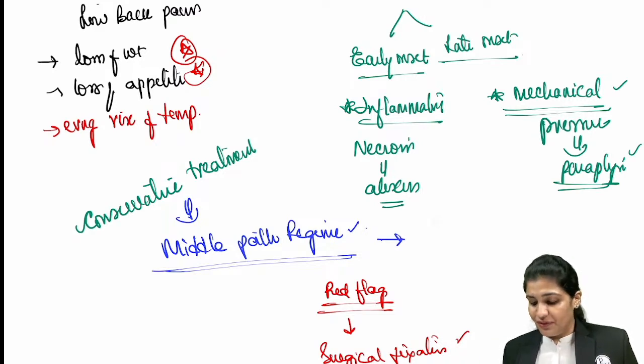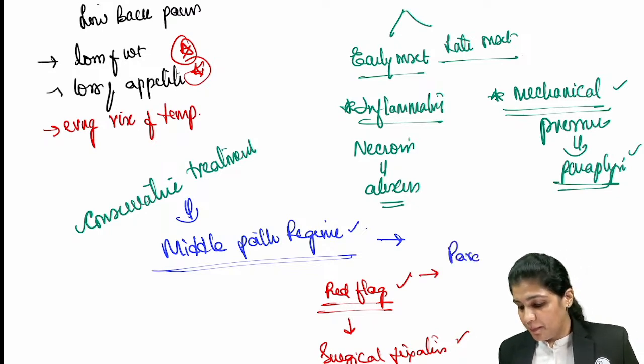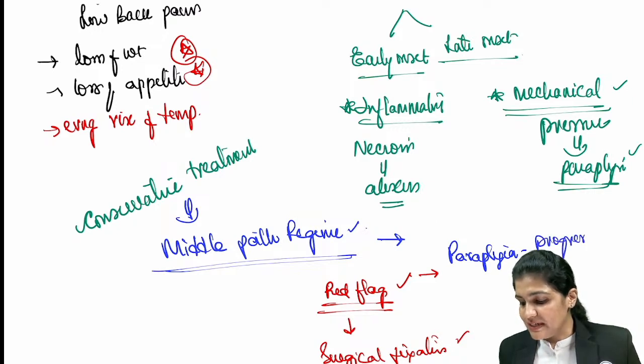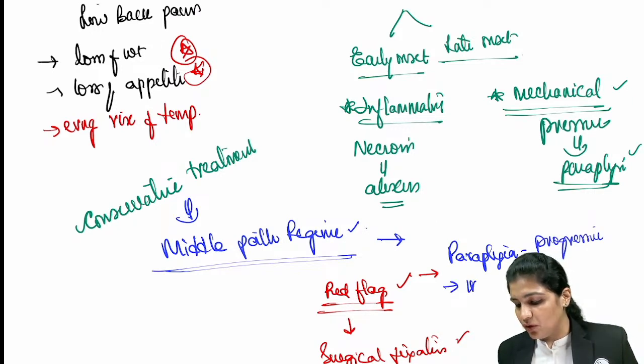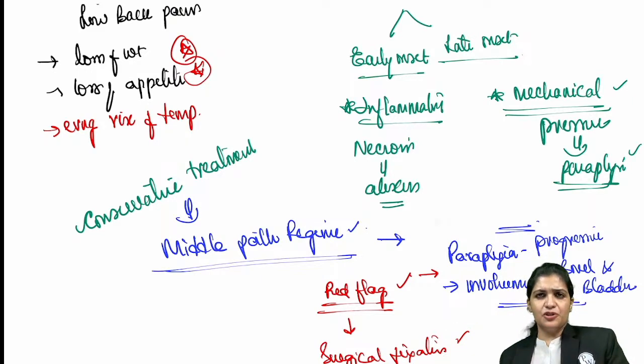So in case of red flag signs, if the onset of the paraplegia, if the paraplegia is progressive, right, if there is the involvement of your bowel and bladder, and there are certain red flag signs which you have to look for.